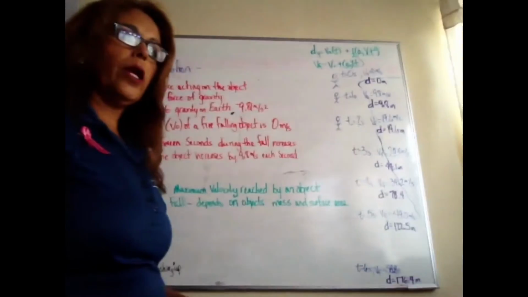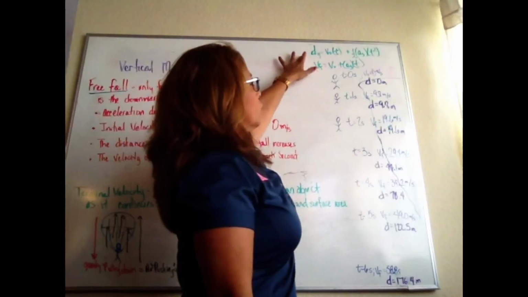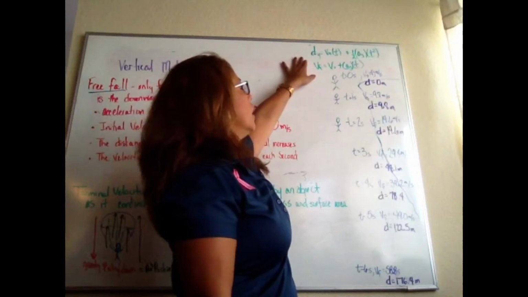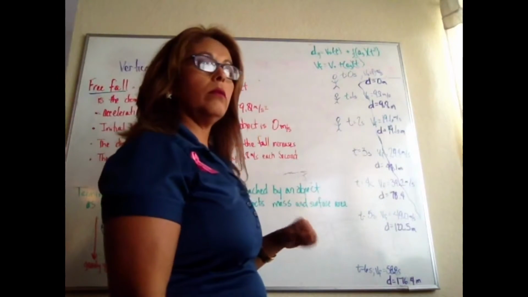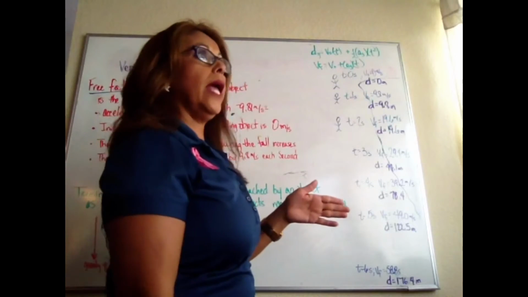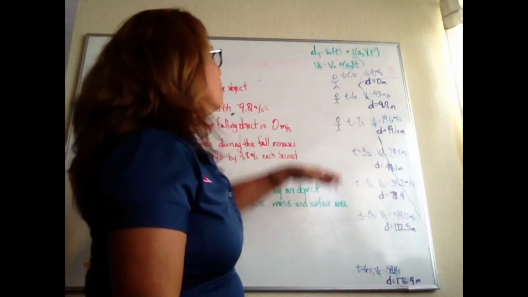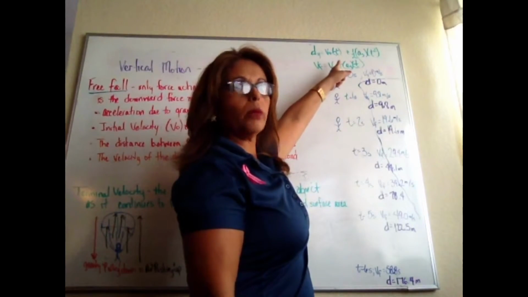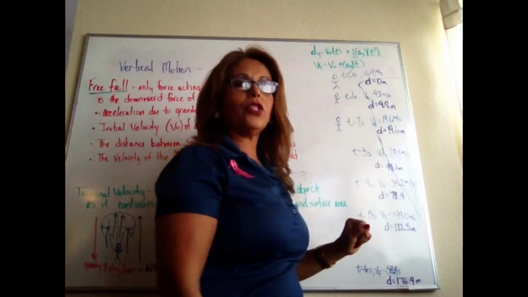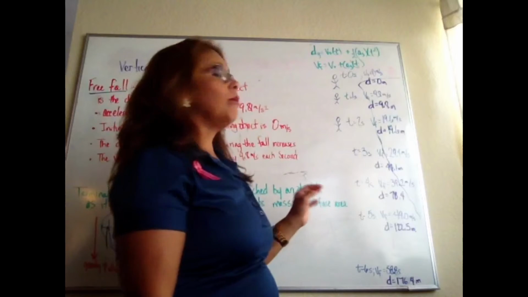Now, I've put over here, in essence, the equation that we would be looking at to figure out the distance of the fall. I put y because we're talking about the up and down vertical direction, and we can look at it in terms of the y-axis versus the x-axis. We have dy equals v naught multiplied by t plus 1/2 times acceleration due to gravity multiplied by t squared.